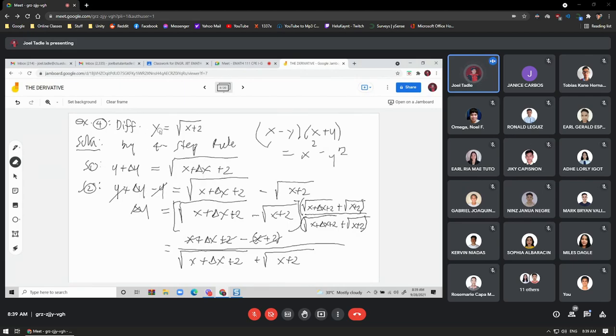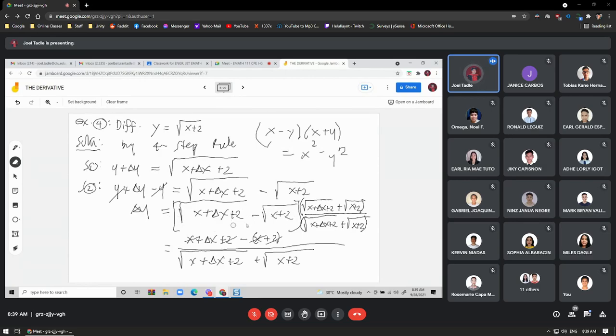So, we'll substitute first y plus delta y for y and x plus delta x for x. After substituting, then subtract y from y plus delta y. So, square root of x plus delta x plus 2 minus square root of x plus 2. Then, delta y is equal to this one, no?